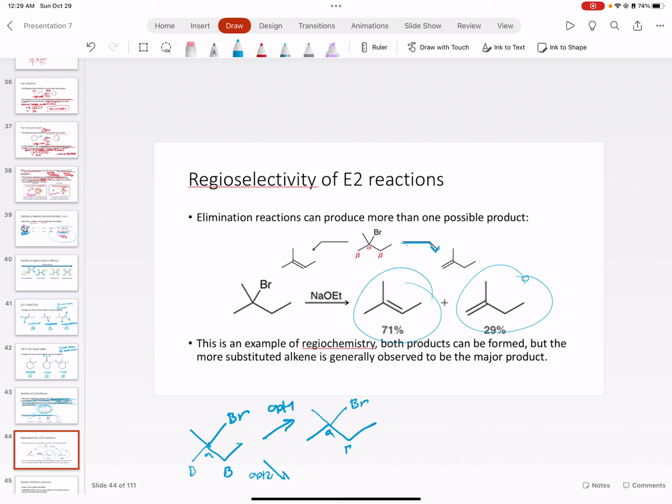See, alpha, beta, beta. Okay, so then let's look at option 1 at least for now.